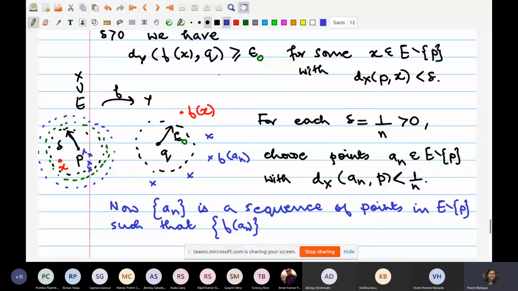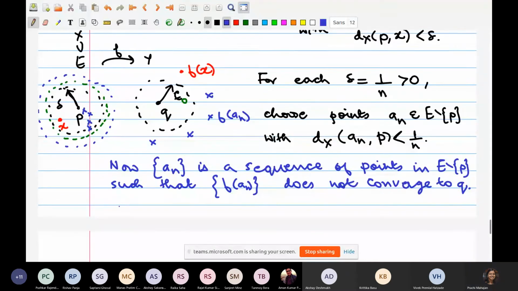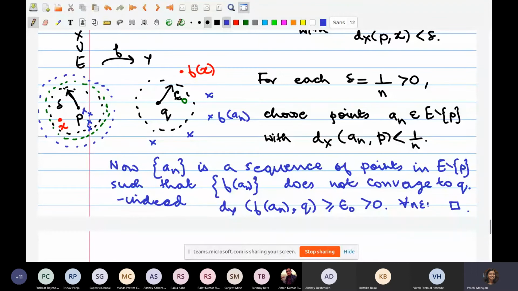So clearly the sequence f of an does not converge to Q. Why? Because by construction, the distance between f of an and Q is at least epsilon naught, it's positive, and we are done. I just write here, this is true for all n.